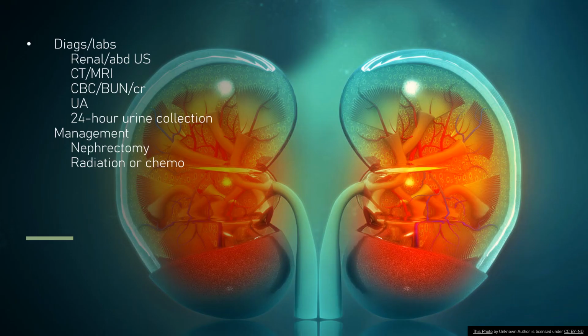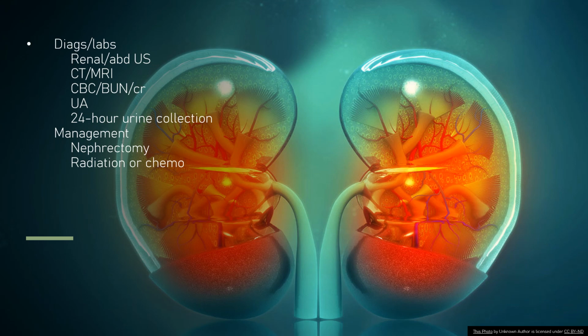The diagnostics and labs that we do for Wilms tumor are renal and abdominal ultrasounds, CT and MRI. We'll look at the CBC to see how the white count is, and also how the red blood cells, hemoglobin, and hematocrit are, because the kidneys deal with our blood filtration.